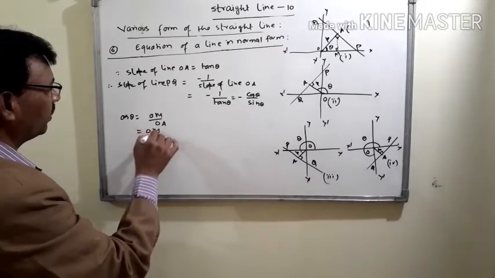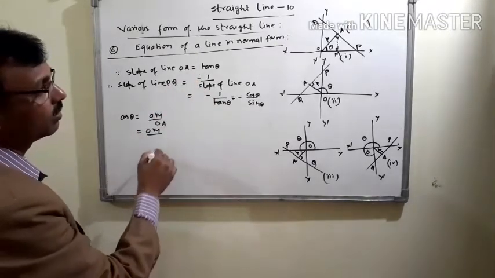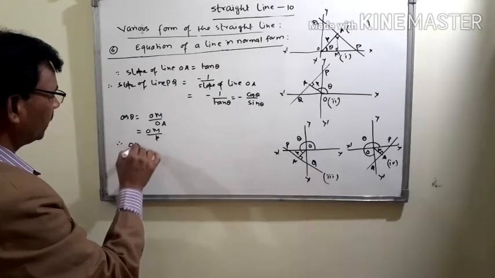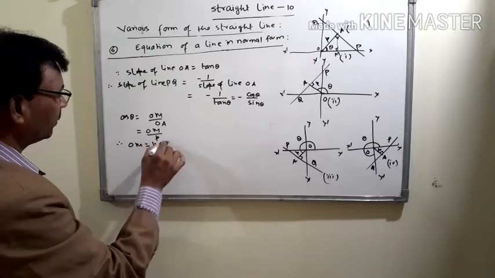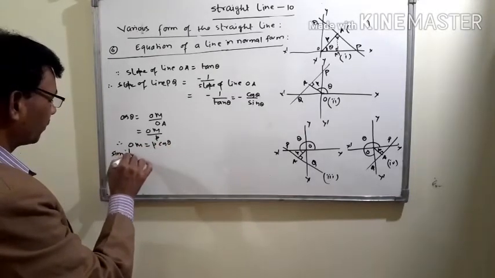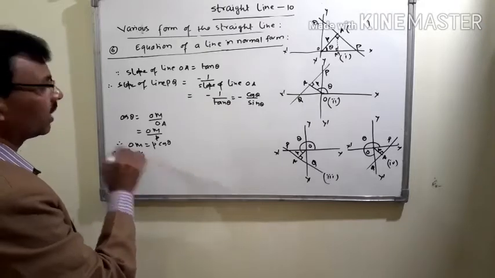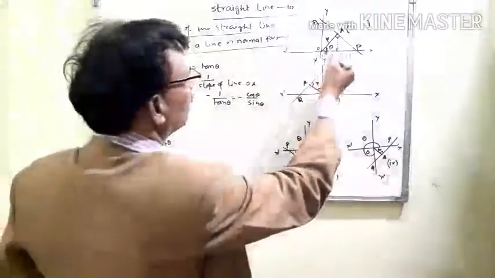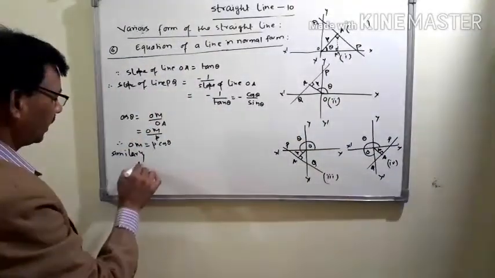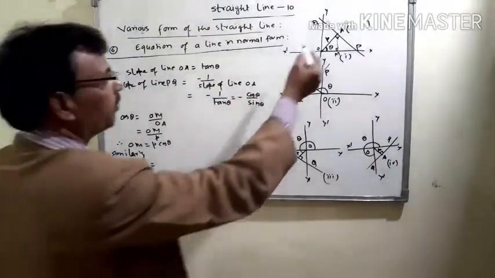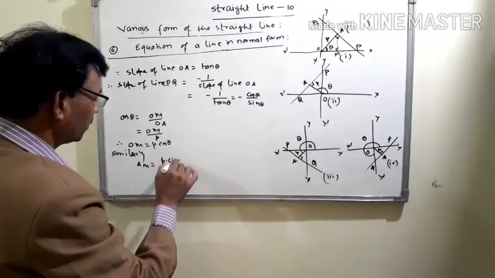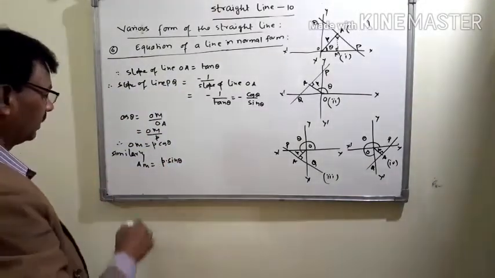Since OM upon OA is equal to p, therefore OM equals p cos theta. Similarly, AM equals p sin theta.